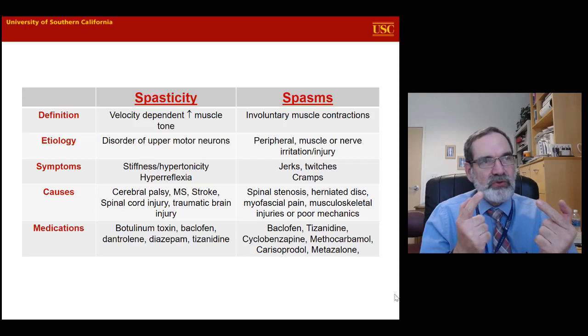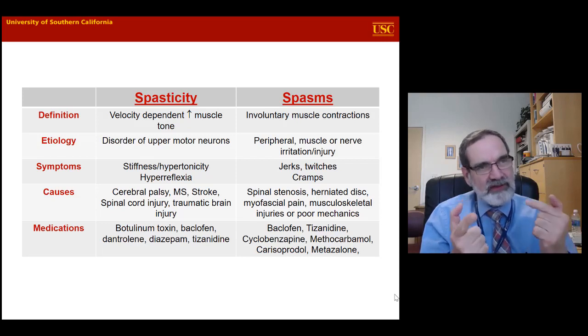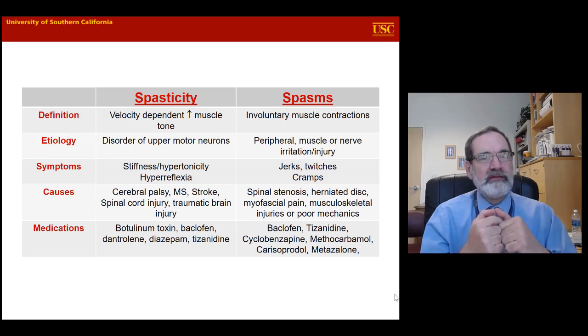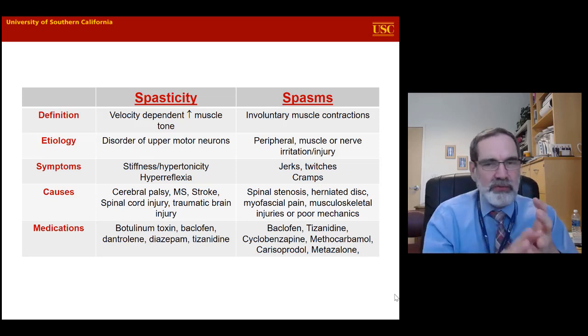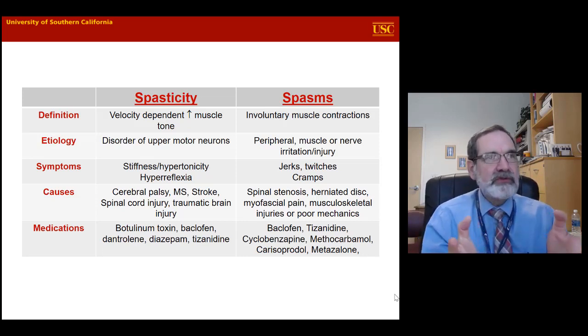So somewhere between the brain and the end of the spinal cord, that's where the problem lies. And there's lots of different things that can cause this. If we go a couple of lines down: cerebral palsy, multiple sclerosis, stroke, spinal cord injury, brain injuries. Those are the types of things that cause true spasticity.